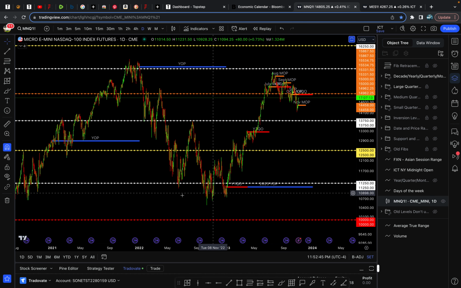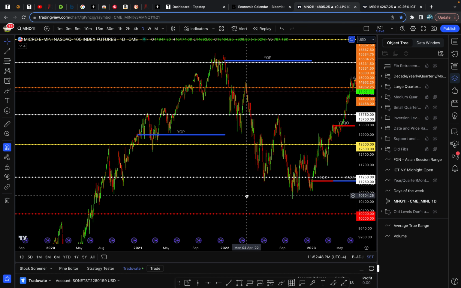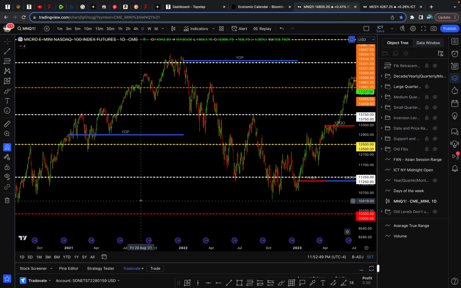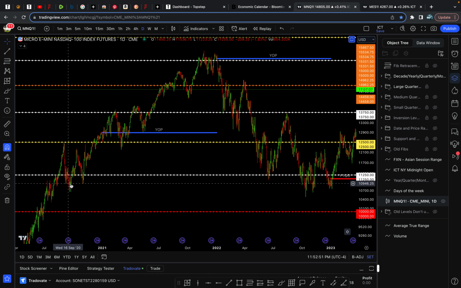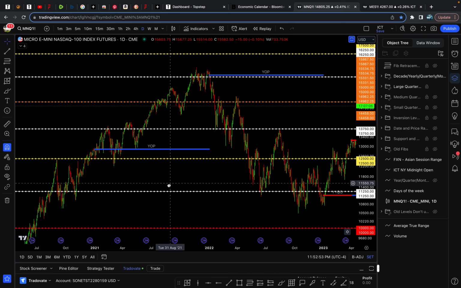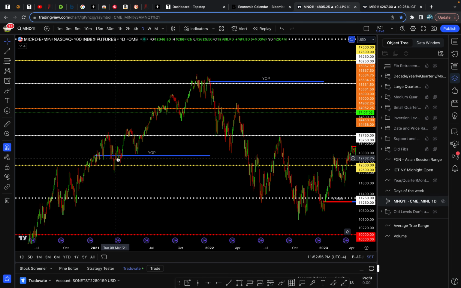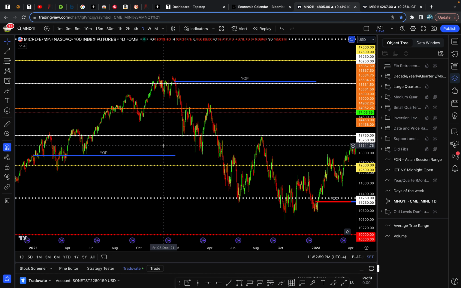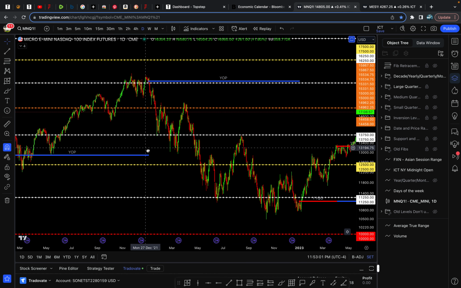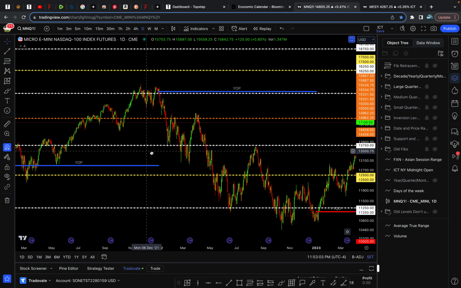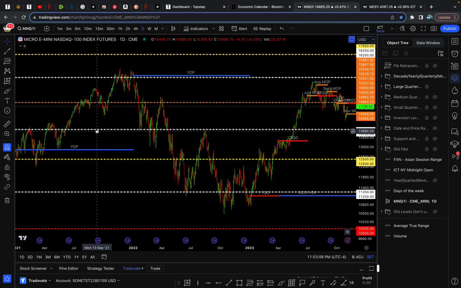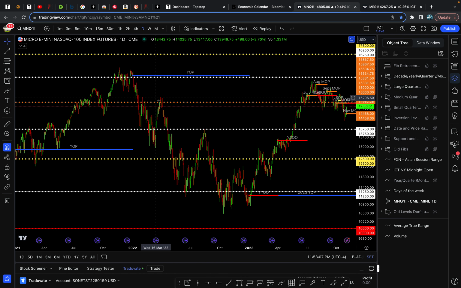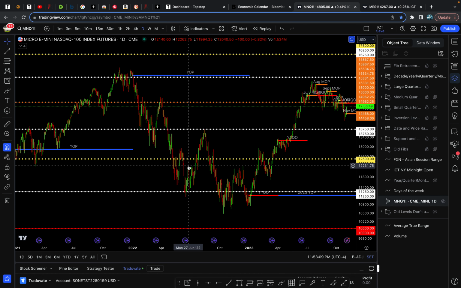Head and Shoulders down here, kind of a little Head and Shoulders type thing right here, another little Head and Shoulders type thing right here. But you don't want to ignore what is useful. You want to use what is useful. Look at this, another Head and Shoulders right here. Boom, and it goes down.